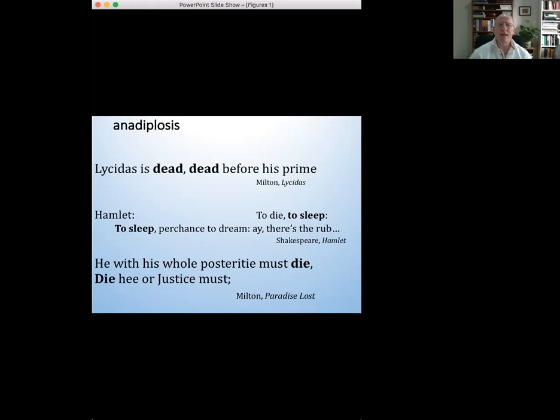But instead, Milton writes: "Lycidas is dead, dead before his prime." And this type of unusual arrangement of words is referred to as an anadiplosis. It's where you have one phrase or clause or line ending with a word or words, and then those words are repeated at the beginning of the next clause or line or phrase.